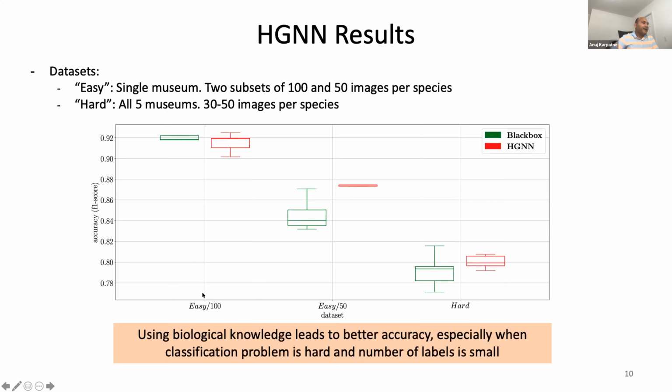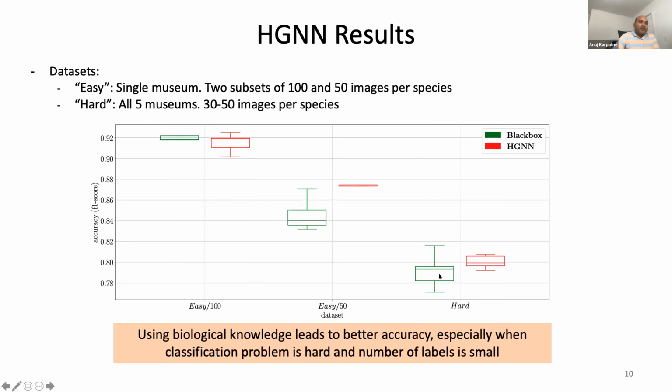So here is a graph where we have data coming from two different data sets that we call easy and hard. The easy one is obtained from a single museum and has a relatively simple collection of species and genera, whereas the hard has images from 5 different museums, and it has much more diversity in its set of species.